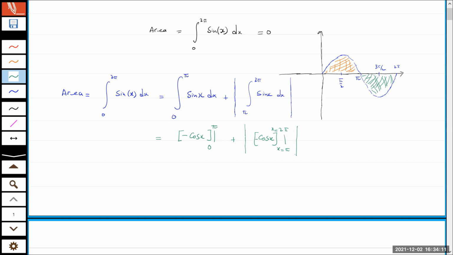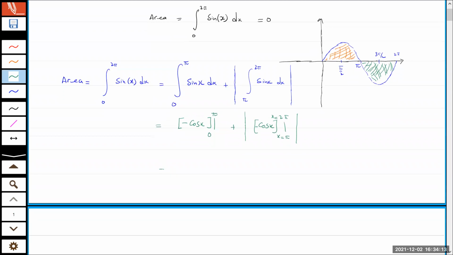Using the fundamental theorem, let's put the negative sign outside: negative, cos of pi minus cos of 0, the antiderivative at the upper limit minus the antiderivative at the lower limit, plus the absolute value. That takes care of the negative sign: cosine of 2 pi minus cosine of pi.